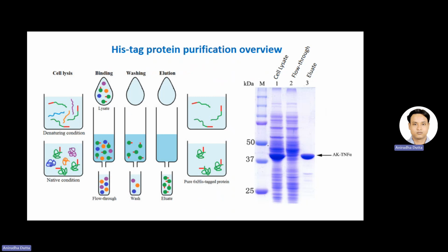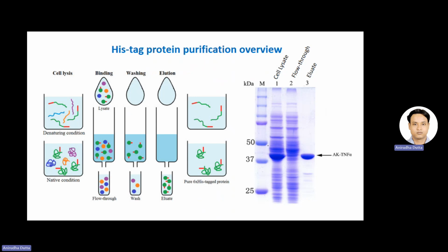You see there are hundreds or thousands of proteins there, including a strong, intense band of the protein of our interest, because, as we mentioned, this is a recombinant protein expressed in another organism like E. coli, where we do overexpression. That's why the band of our protein of interest is highly intense compared to the rest of the proteins.